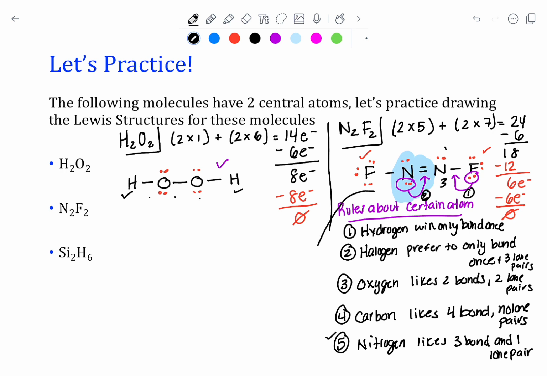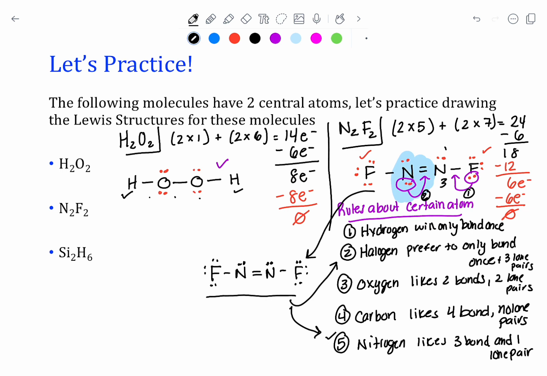Okay, so we follow just our general rules about certain atoms, and we say that the preferred structure would be, I'm going to draw this clearer down here, F, N, double bond N with an F. I have 2 lone pairs on my nitrogen, 3 lone pairs on all of my fluorines, and everything has an octet, and this structure follows my rules of certain atoms.